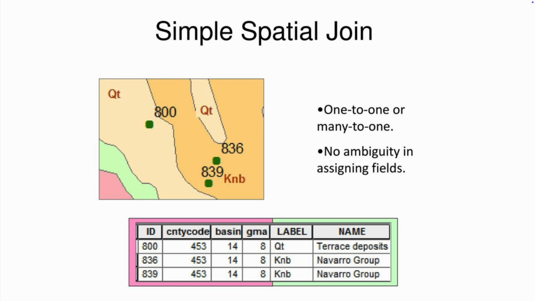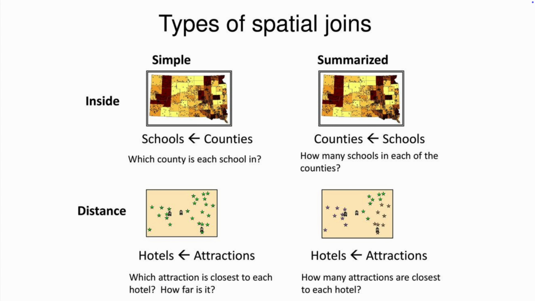Here's a simple example where there's no ambiguity in assigning fields. For each of these points, we can append one of the polygon data to each point. But there are more complicated examples. There are these simple joins, asking the question, which county is each school in? A summary join: how many schools in each county?